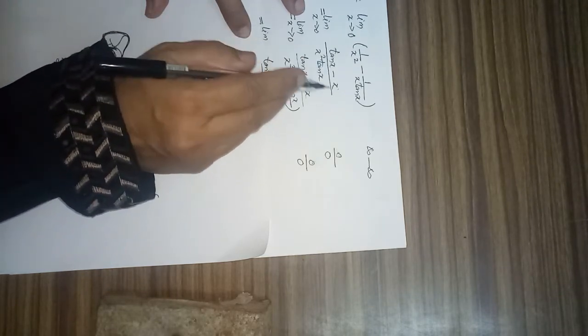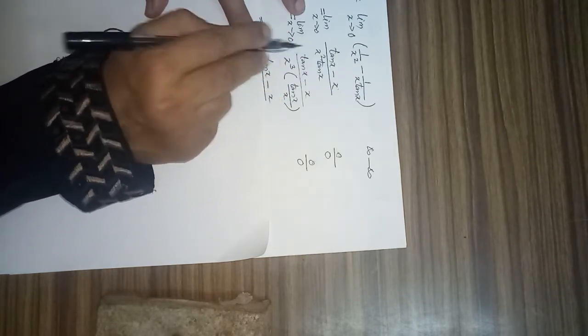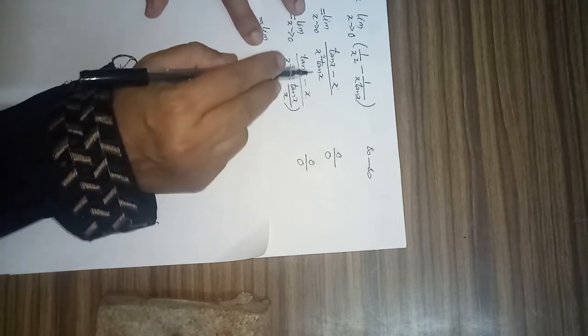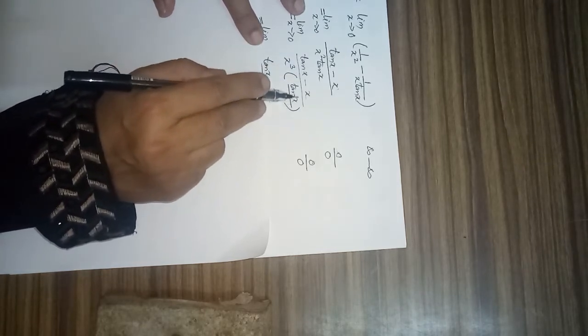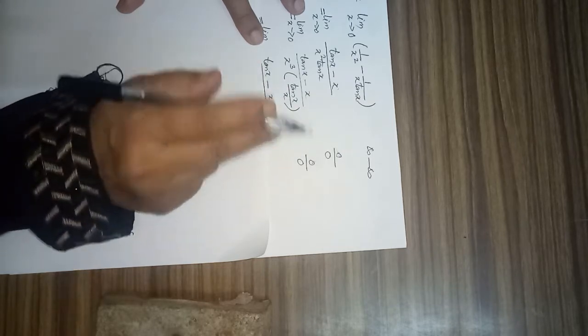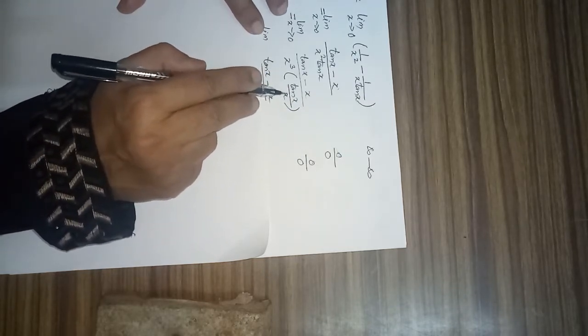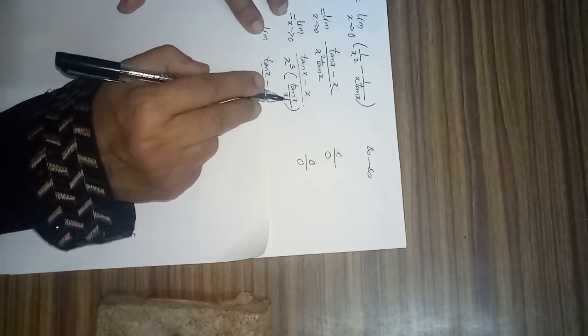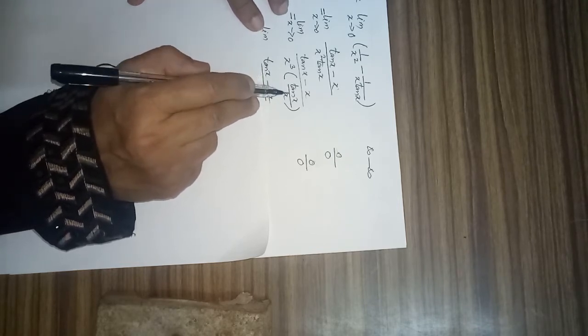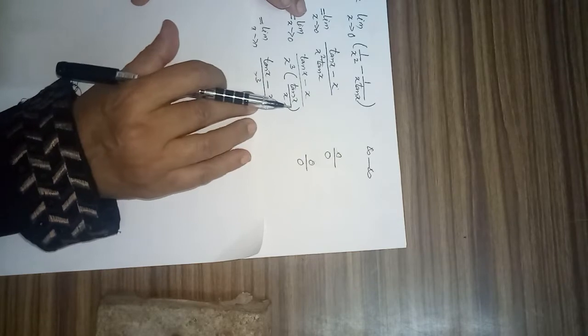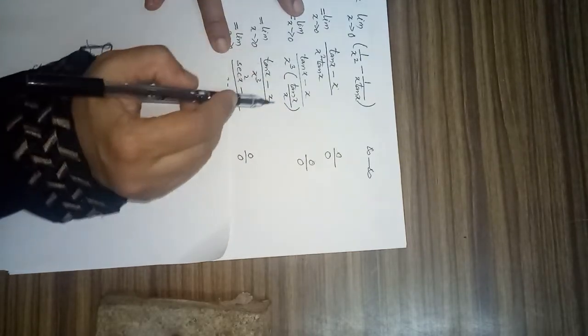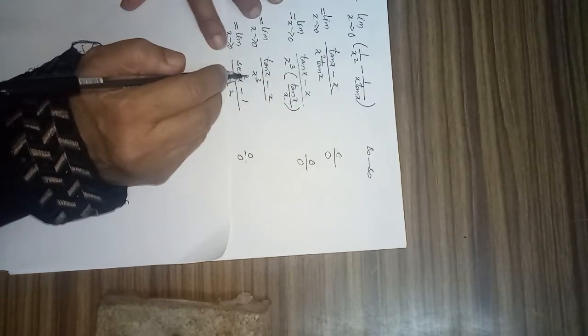We write tan x minus x upon, instead of x square, I write x cube, and tan x by x I write, so that this can be removed from our problem. The limit of tan x by x as x tends to 0 is 1, we know. So that result we apply here, hence this becomes tan x minus x upon x cube.